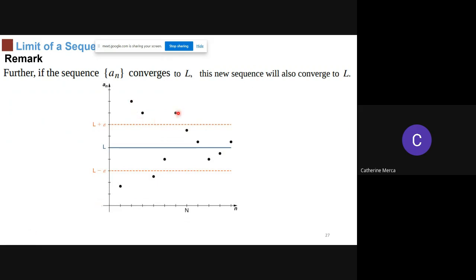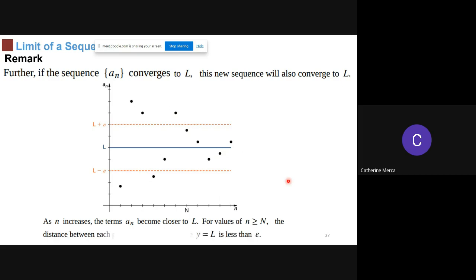As n increases, the terms a sub n become closer to L, for values n greater than or equal to 1. Notice, no? Padulong ang mga terms niya diha sa limit na L. Yan ang itsura niya. And the distance between each point n, a sub n, and the line y equals L is less than epsilon.